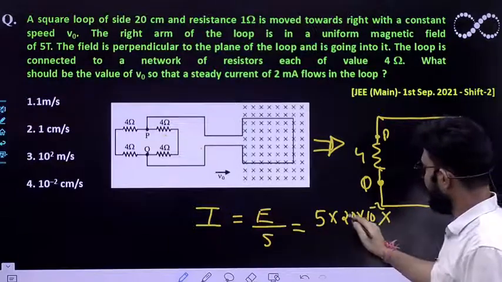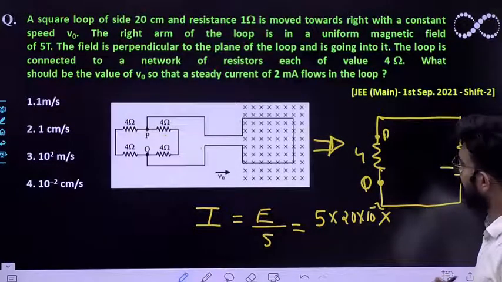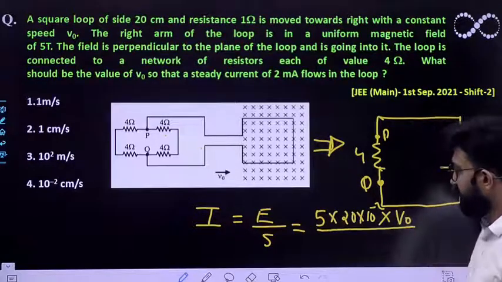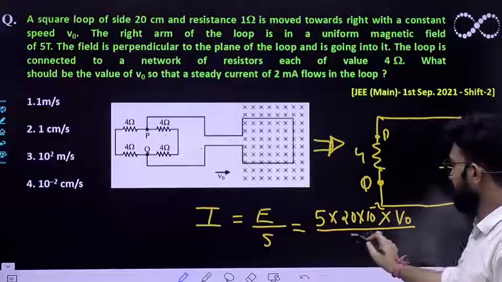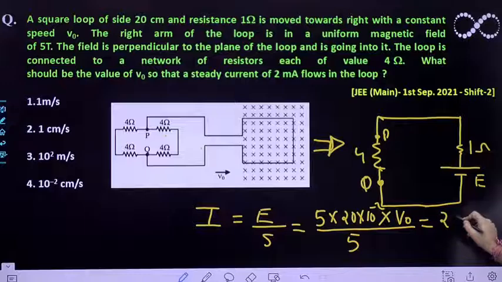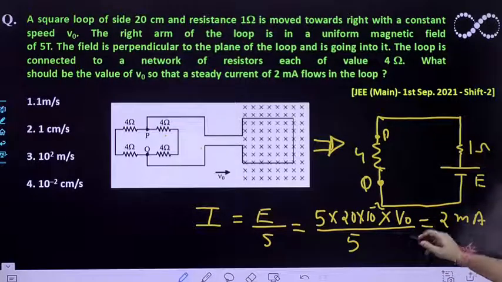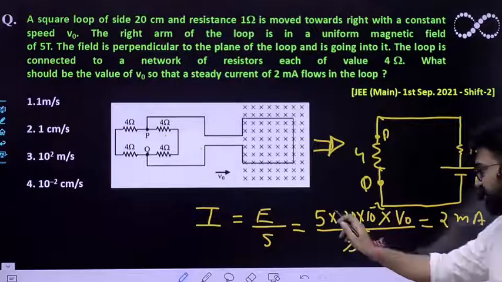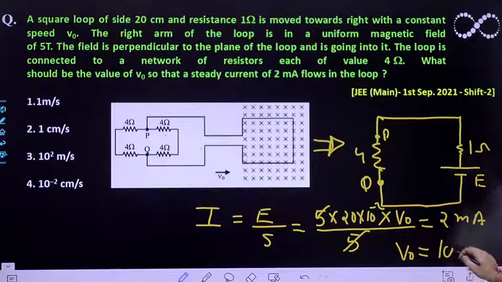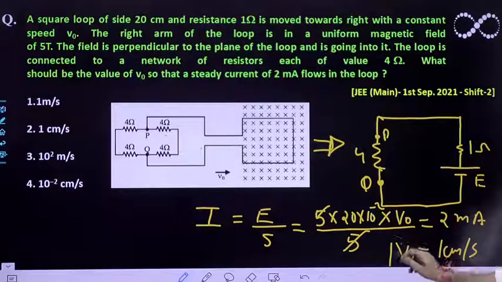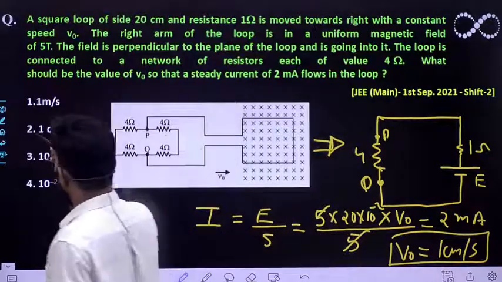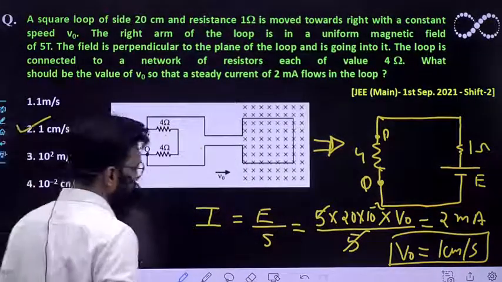B into L into V, where V is the speed with which it is moving, V0, divided by 5. This induced current is already given to you, which is 2 milliampere. Solve this expression. 5 and 5 cancel. Ultimately you will get the value of V0, which comes out to be 1 centimeter per second. So this is the answer that you must get. That means the second option would be our correct option.